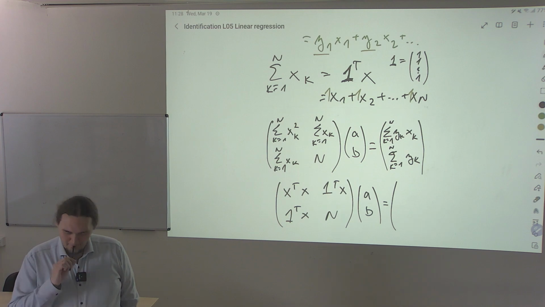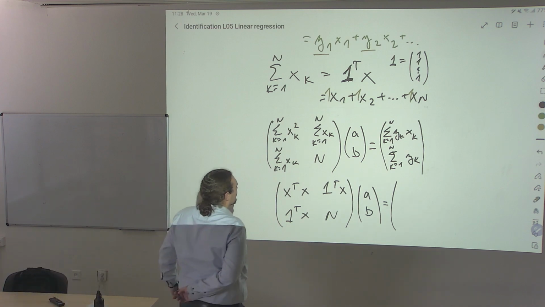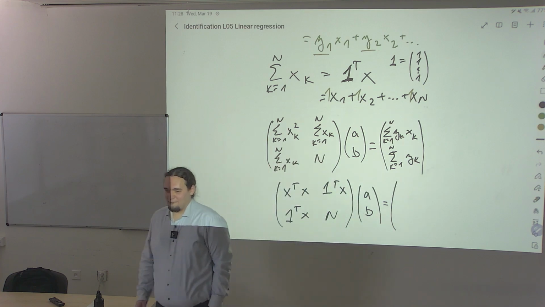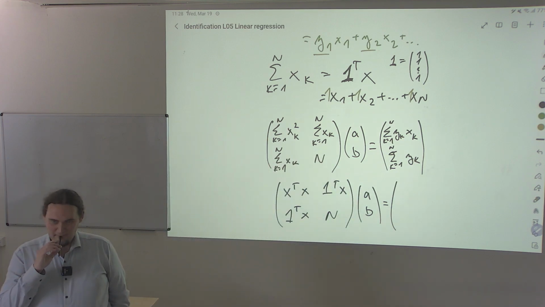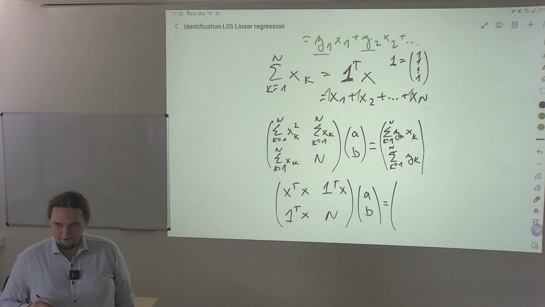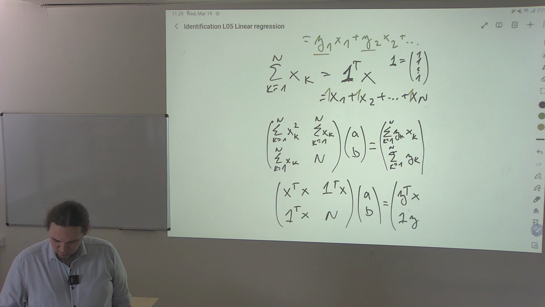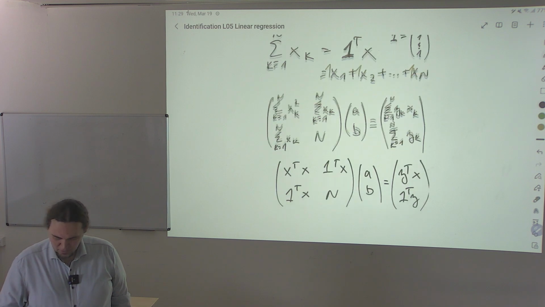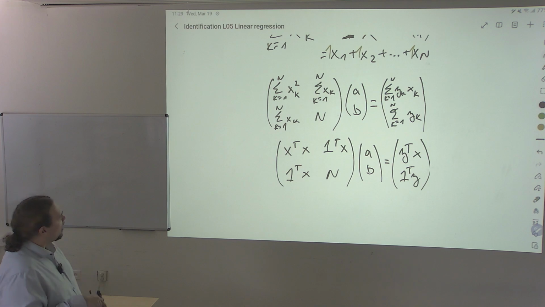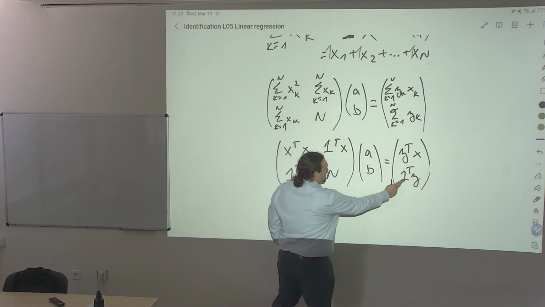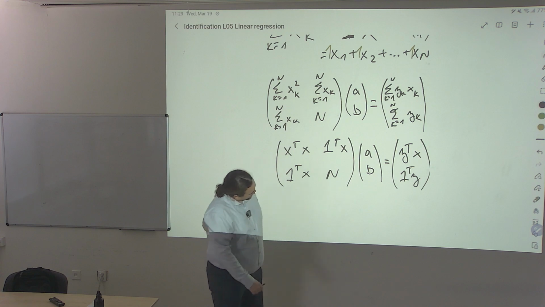What do we get here instead of the sum of yk xk? Y transpose x. And for the sum of y's, we just have this vector of ones times y.